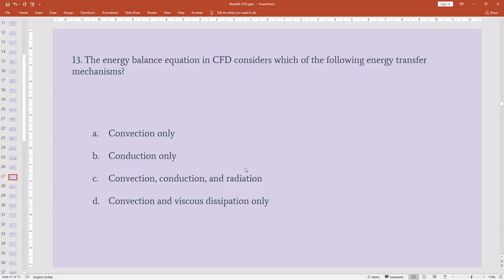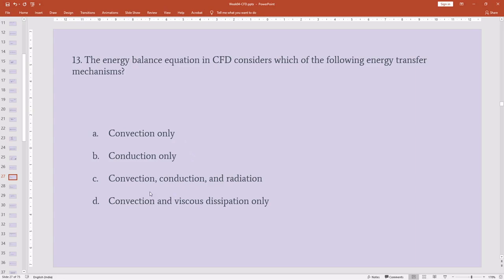The energy balance equation in CFD considers which of the following energy transfer mechanisms? The energy balance equation in CFD can simulate or solve which of the following mechanisms? First one, convection only. Second one, conduction only.